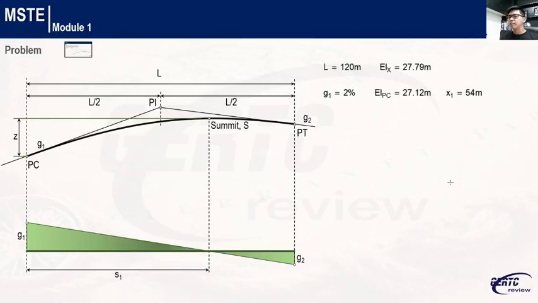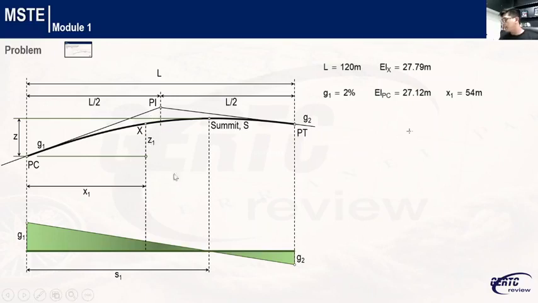Now, again, the concept is the area is equal to the change in elevation between 2 points. So, we have the difference in elevation between the PC and station X. No? As you can see, yung station X natin is at elevation 27.79. Yung station PC is at elevation 27.12. So, we can calculate this Z1.